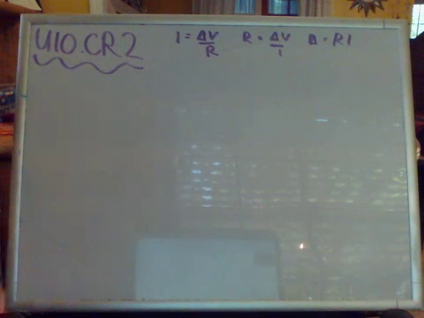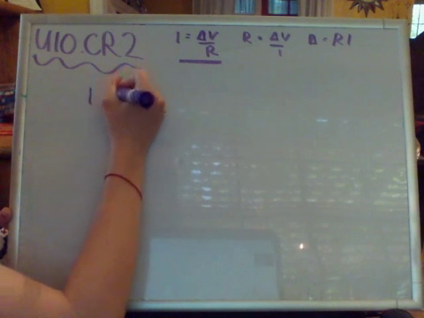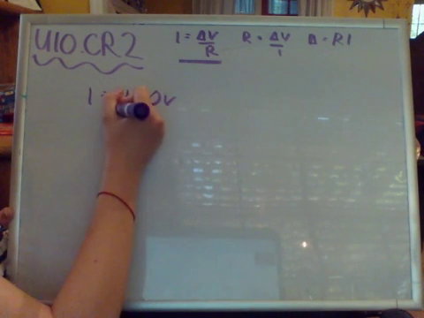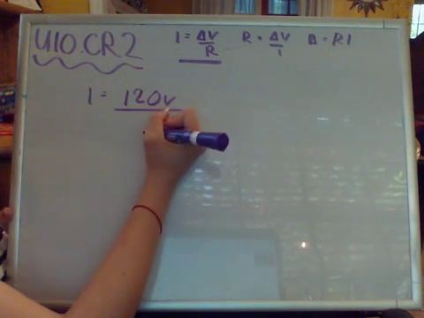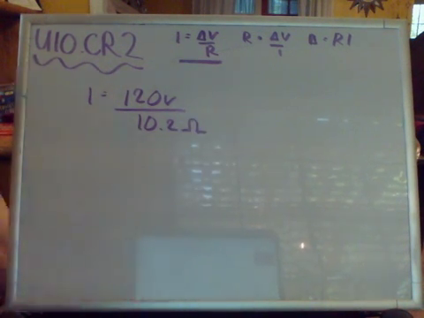120 volt outlet? So we're going to be using this equation up here, and it's going to be I equals delta V, which is 120 volts, over 10.2 ohms.